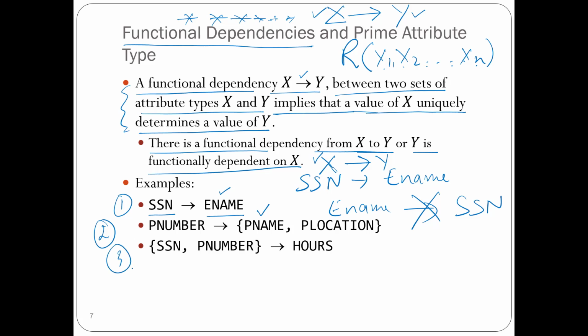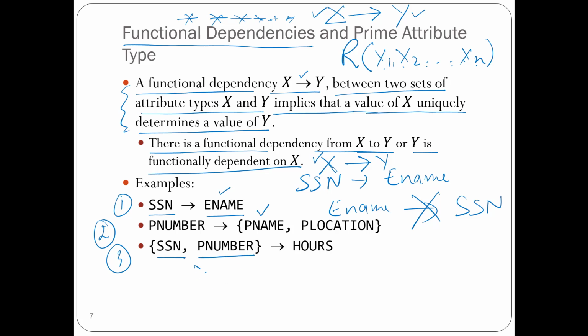Here we have the third example of functional dependency. That's about the case where we have multiple employees working in one project, and one employee can have multiple projects. So one employee may be working on multiple projects, and for one project we may have multiple employees. In that kind of scenario, when we want to keep track of the number of hours an employee is working on a project, then for that we would need the social security number of the employee as well as the project number.